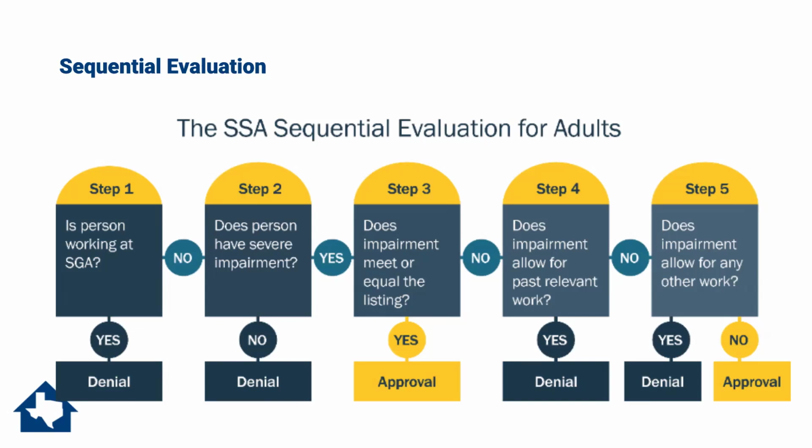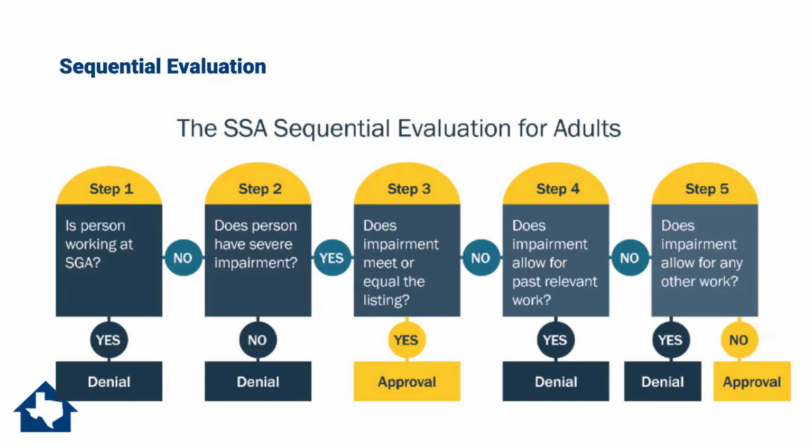Step three is, does the impairment meet or equal the listings? Yes, that typically means approval, not always. The listings are a list of conditions that SSA typically sees as causing substantial disability.